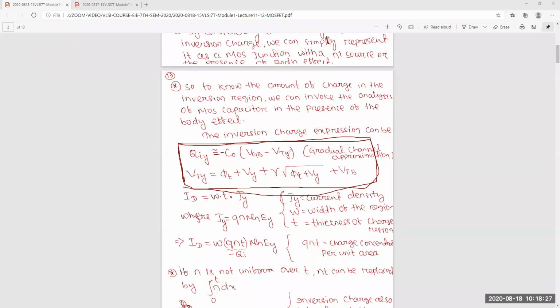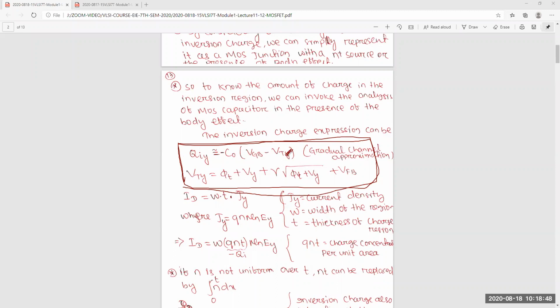The only thing is the y subscript is there because of the gradual channel approximation. We are approximating that in that region everything is constant and uniform, but in reality it's changing. Though it's a very small region, still in reality it's changing.